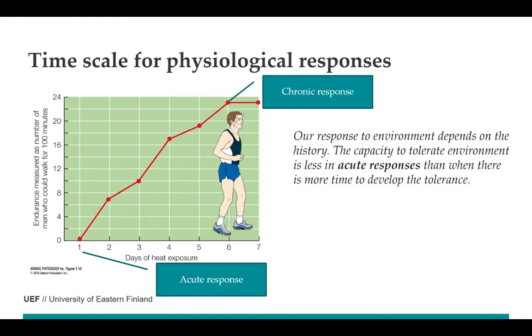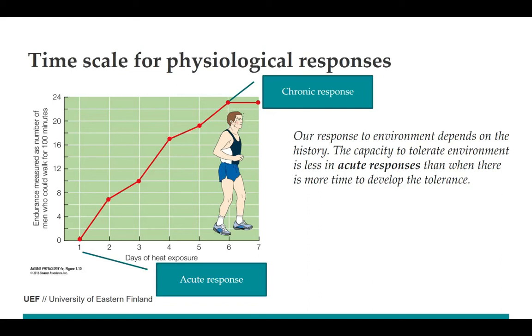But if these persons stay for 1 week, there is maybe 20% improvement, and people can much more easily tolerate walking in this climate. So there is a completely different response in acute responses than in chronic responses.